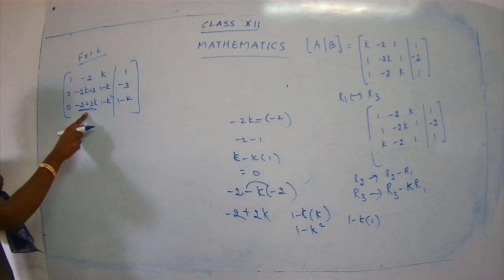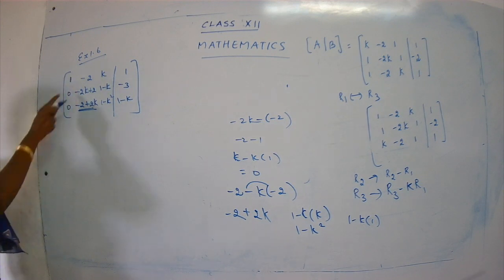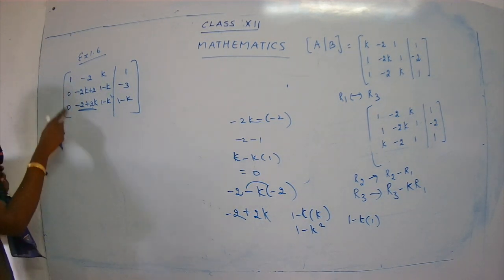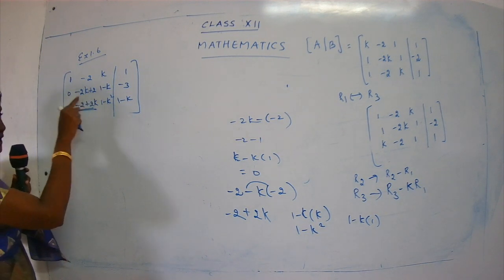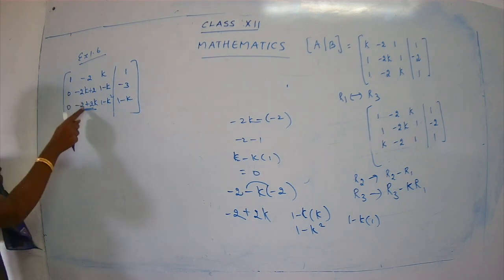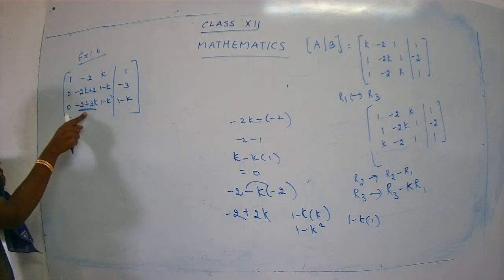So you remember this step, yes children? The first element is 1 and we have made 2 zeros below the number 1. So now what is the first non-zero element of the second row? It's minus 2k plus 2 and you have to make a 0 below this number. So how to make 0 below over here?